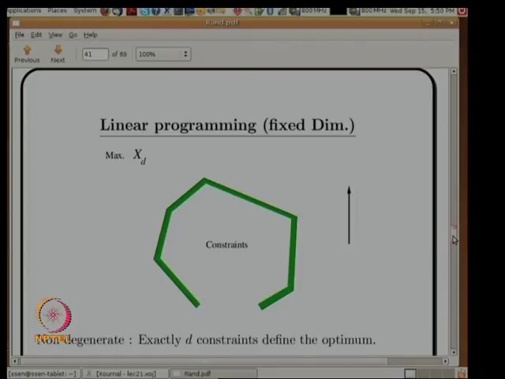You can always assume, as we had discussed briefly before, that I do a rotation of the axis so that the objective function that I am trying to maximize is exactly the y axis. I am finding the topmost point. It's some arbitrary function, of course, but I can just rotate the axis to find the topmost point of the convex polytope.